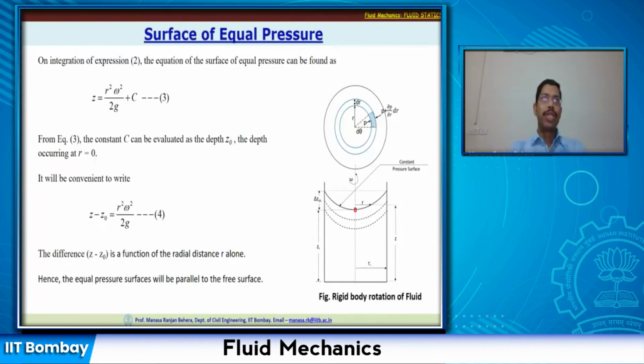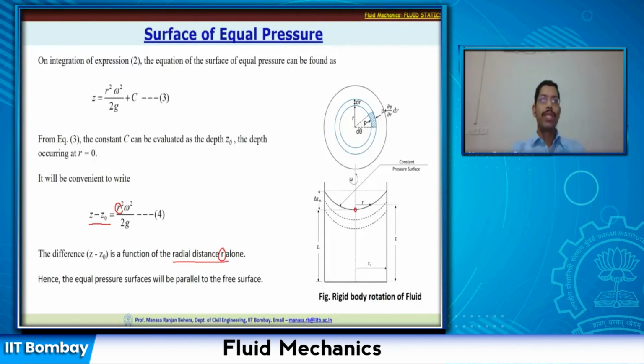Now by substituting this value, we will be able to write down that z minus z0 is equal to r² ω² by 2g. So the difference z minus z0 is a function of the radial distance r alone. Okay. So if there is a difference z minus z0, then it is r which is going to play the role, and ω is known, and you divide by 2g.